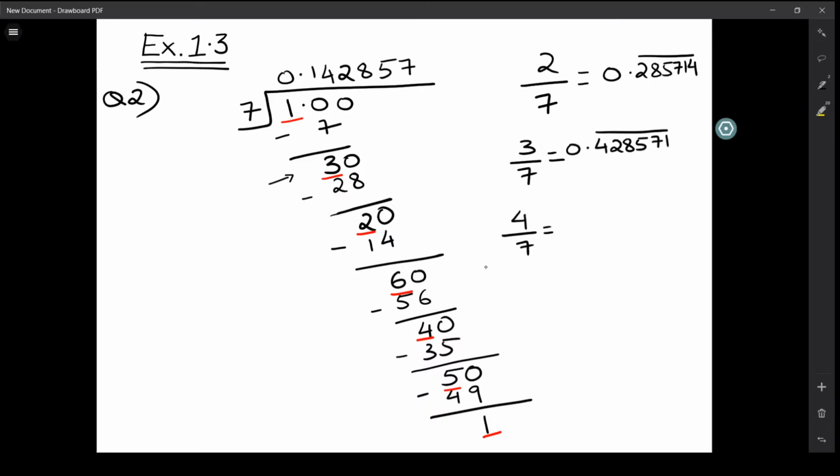If I did 4 by 7, I would essentially be starting from this point here, which means my quotient would be starting from 5. So it'd be 5, 7, 1, 4, 2, 8, and this sequence would repeat itself.